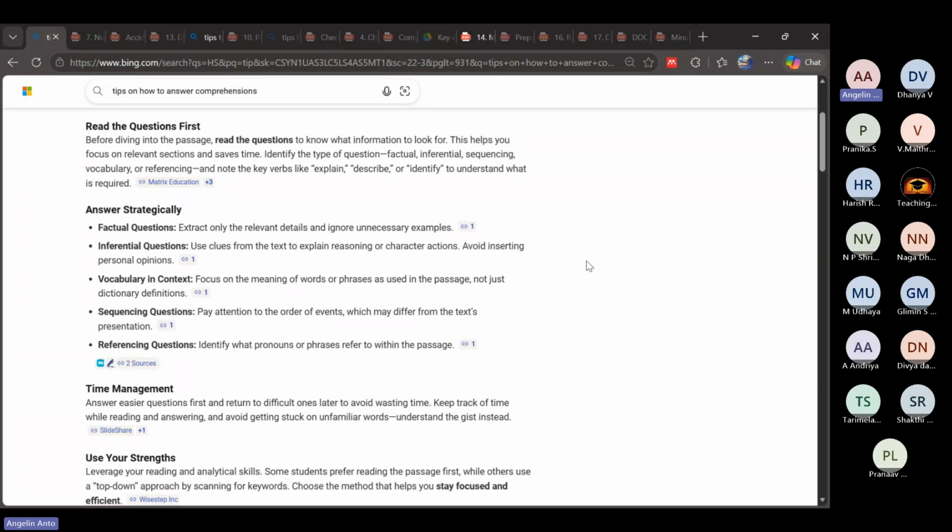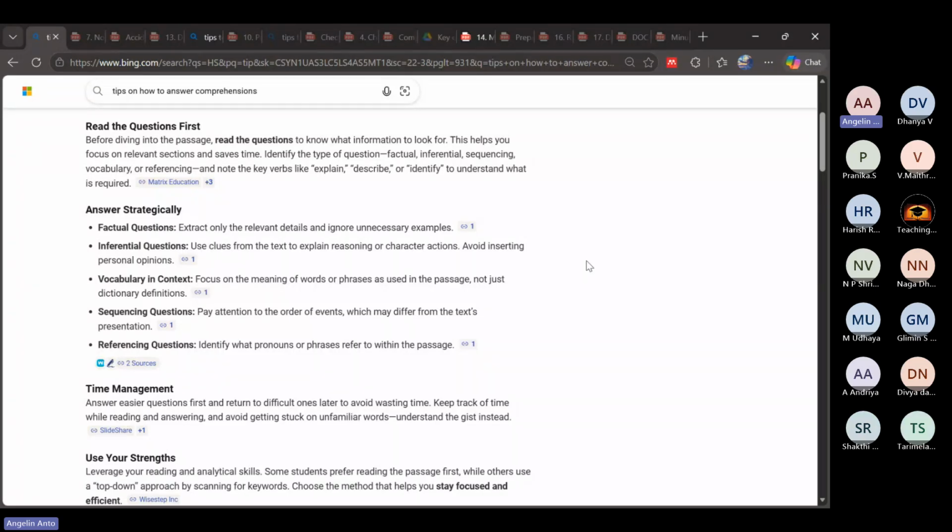Synonym is meaning, antonym is opposite. If you do not know the word, if the word seems a bit too complex, which they will definitely do somehow, putting in some keyword which we can't understand, in that case you can just pick it up from context clues. That's why it's so nice in comprehension. You find that word in the paragraph and read the context. With that itself, you will be able to find out what the word means.